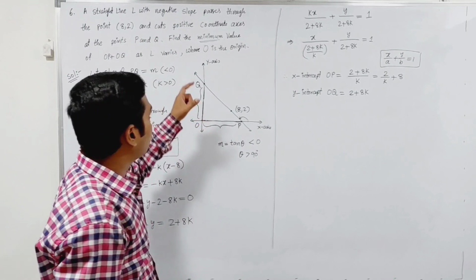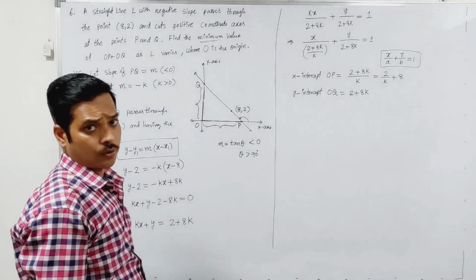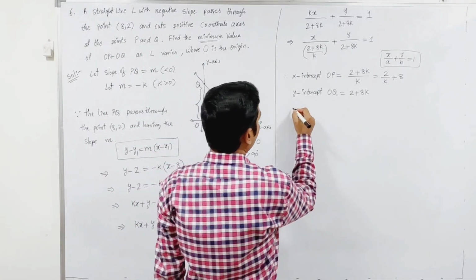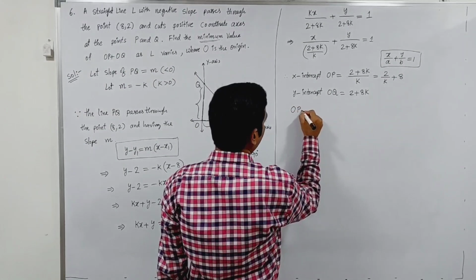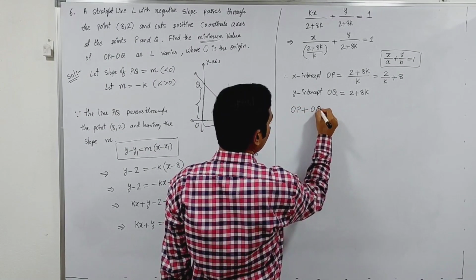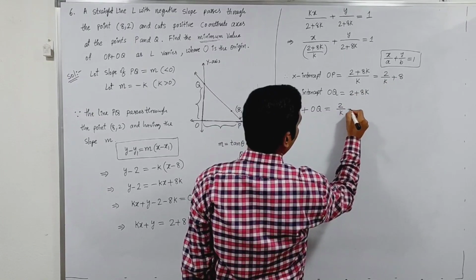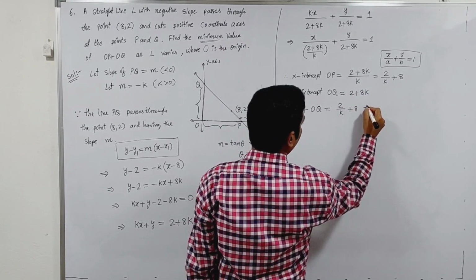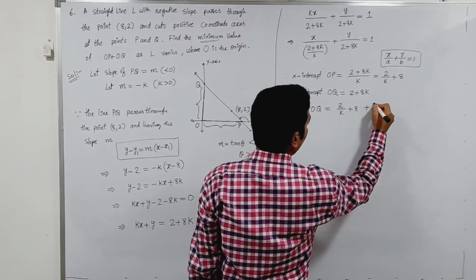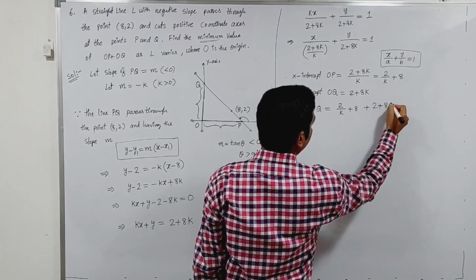Now, you have to find out the minimum value of OP plus OQ. What is the OP value? 2 by k plus 8 is the OP. Plus, what is the OQ value? 2 plus 8k.